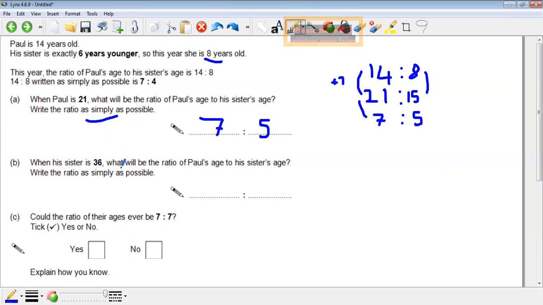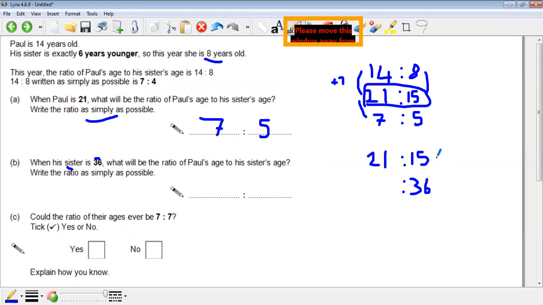Okay. Right, then, when his sister is 36, what will be the ratio of Paul's age to his sister's age? So if we take this here, because that's their actual ages, 21 to 15. The sister now is 36. So she's got older. You have to figure out how much older she's got.